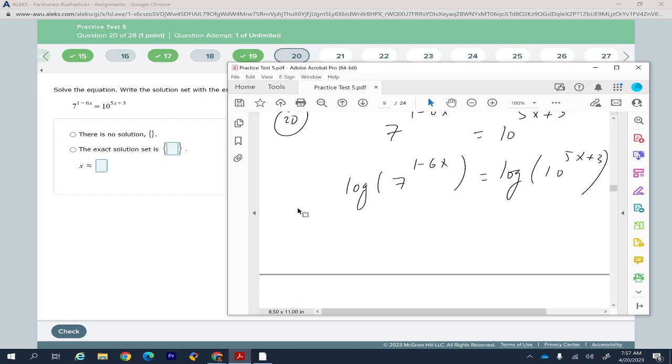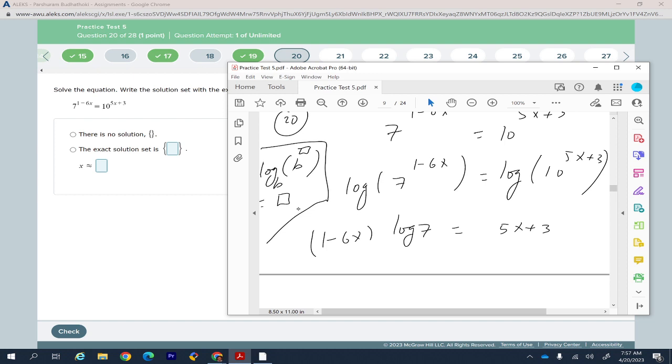So I can bring this 1 minus 6x in the front by using the power rule, log base 7. Here the log has a base 10 and there is a base 10, so I can just write down 5x plus 3. If you remember this formula, log base b of b to the power something is actually that something only. So this b is 10 here.